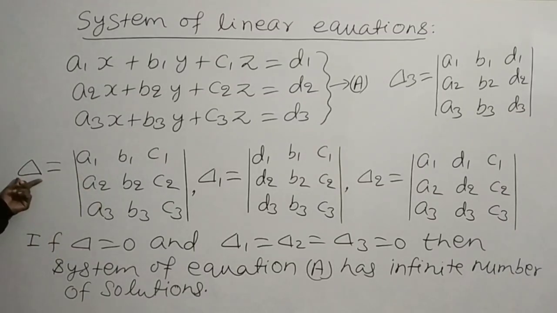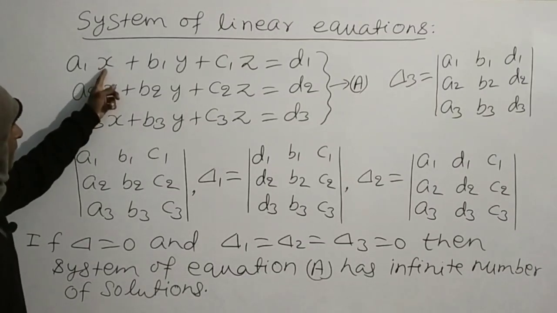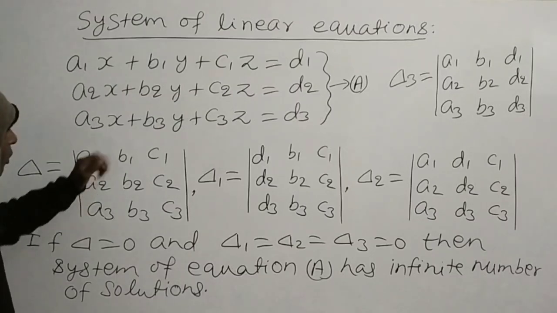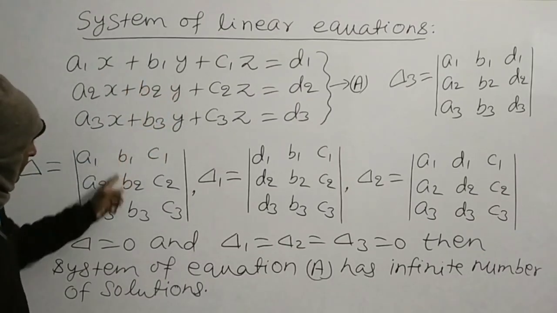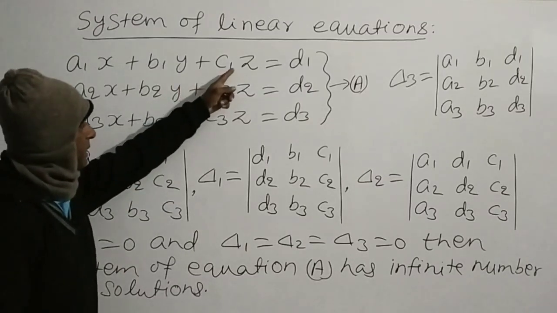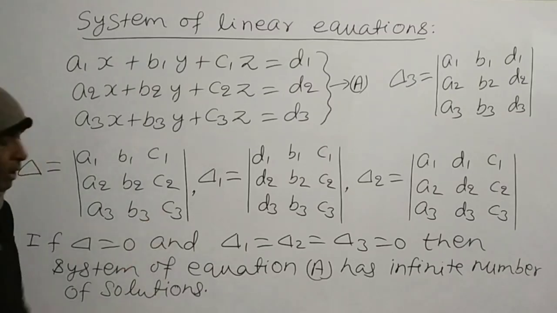First determinant delta: coefficient of x, A1, A2, A3 in the first column, coefficient of y, B1, B2, B3 in the second column, and coefficient of z, C1, C2, C3 in the third column.